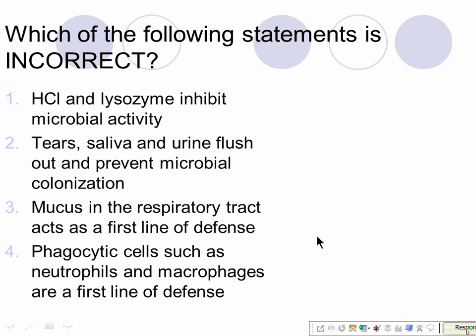Again, some more to review. Which of the following statements is incorrect?